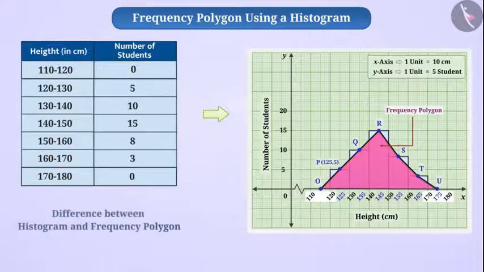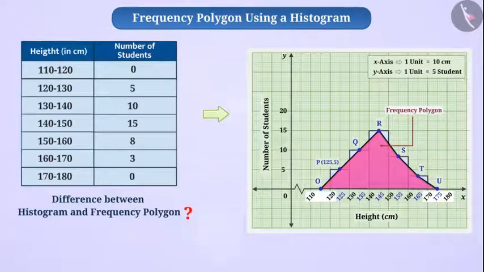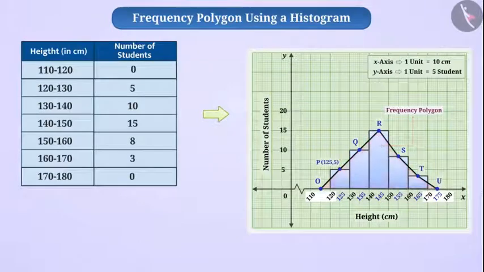Now you know about histograms and frequency polygons. Can you tell the difference between the two? Think. Let us tell you. Data is represented in the histogram as rectangles, while the data in a frequency polygon is represented using a line graph. In the histogram, the height of different points of a class interval is fixed. This shows that a class interval in the histogram has uniform distribution of frequencies.